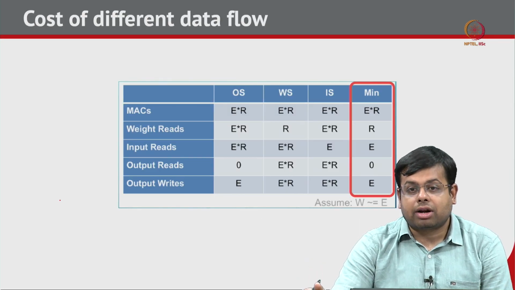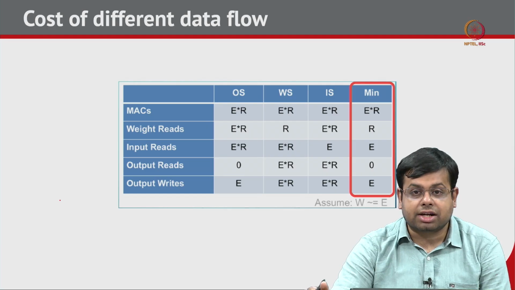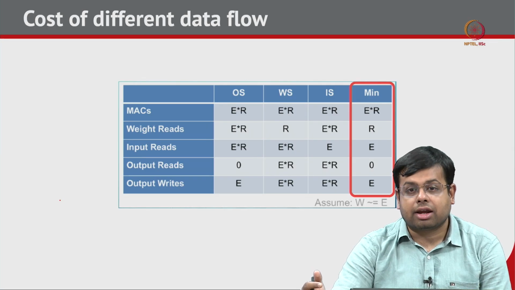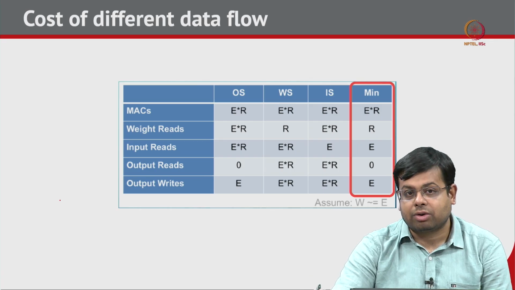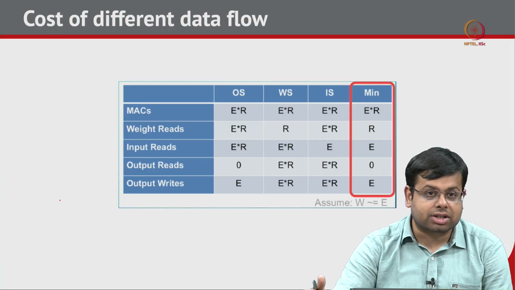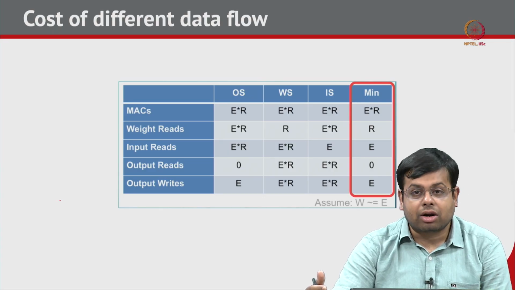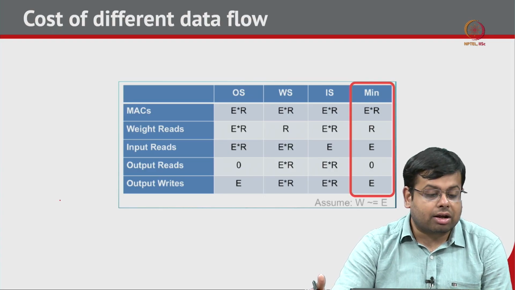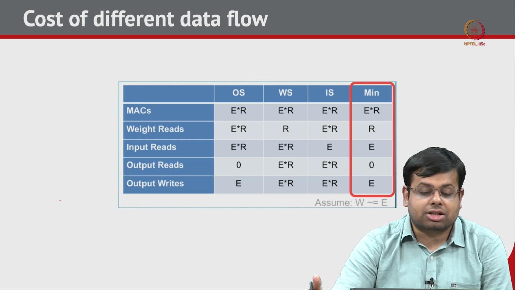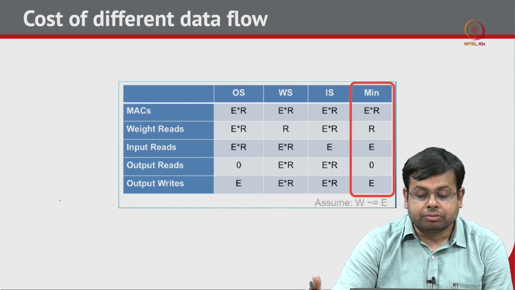And then we went on and discussed different stationary data flows. Specifically, we discussed output stationary, weight stationary, and input stationary data flow. We discussed how those data flows work, and then we also discussed the hardware performance parameters for these three data flow architectures.